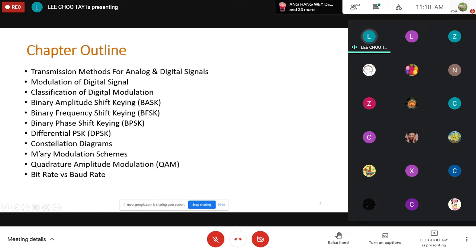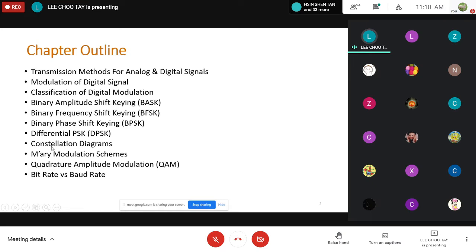Then we look at different classes of digital modulation techniques. After that, we move on to three basic ones: binary amplitude shift keying, binary frequency shift keying, and binary phase shift keying. Then we study differential phase shift keying, a variation of binary phase shift keying.